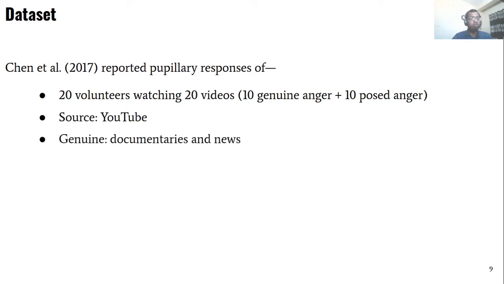How were genuine and posed anger identified as ground truth? The genuine video sources are basically documentaries and news, since in documentaries and news the anger, if shown, of course will be real. Whereas films are acted, so the posed videos were movie clips of not famous actors. Now the thing is, why not famous actors?